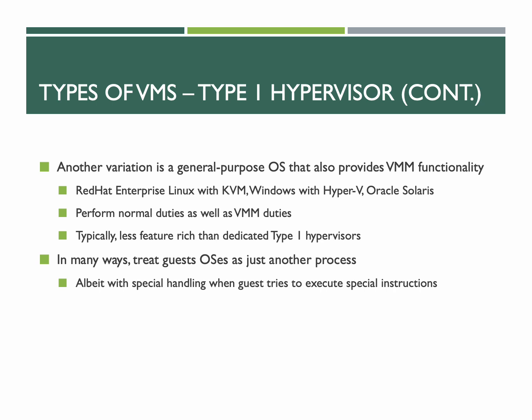Then, these systems are typically less feature rich in virtualization specific functionalities compared to dedicated Type 1 hypervisors. However, they offer a significant advantage by seamlessly integrating virtualization into an environment that also supports standard OS operations.